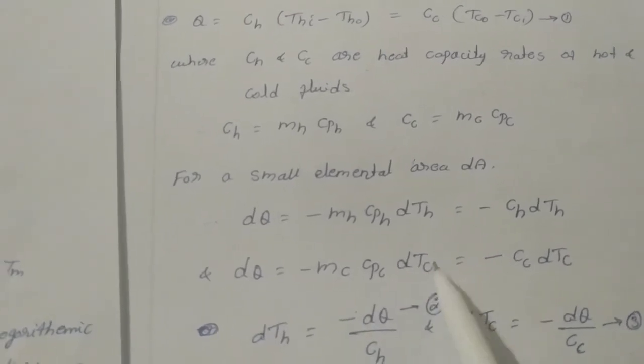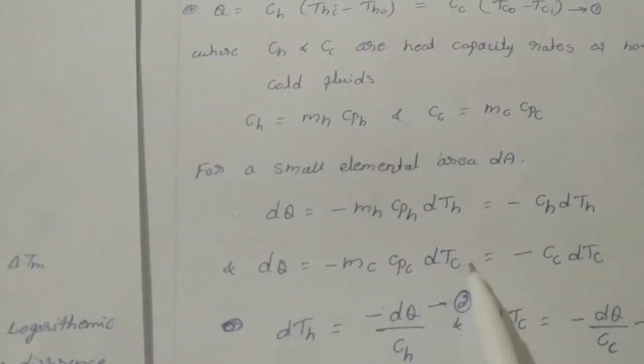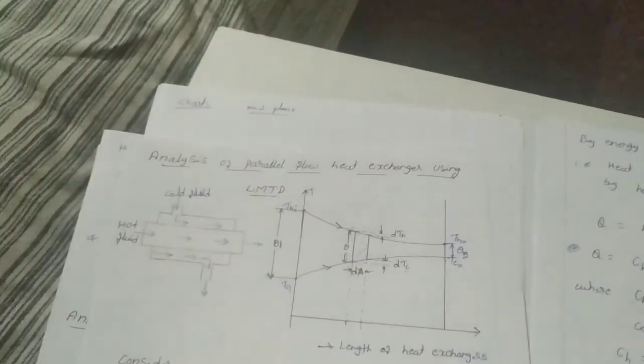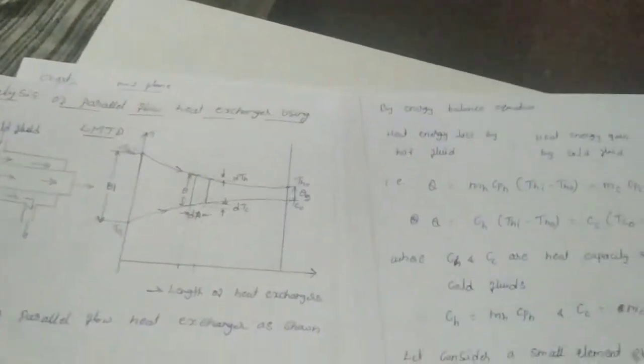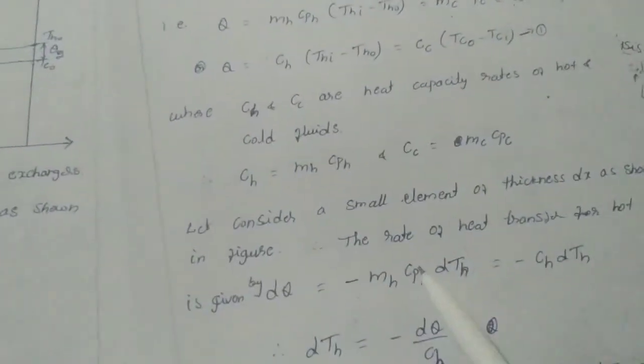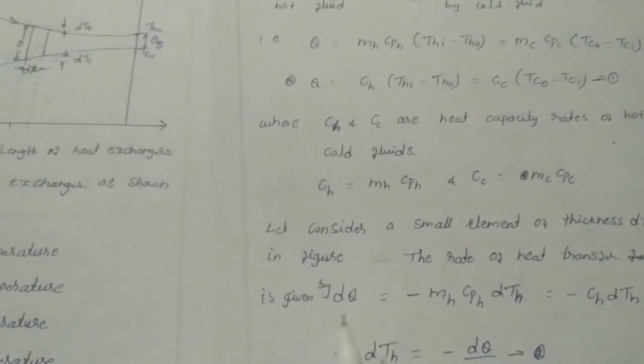You can ask a question: sir, why are you taking the negative sign for the cold fluid in the counter flow, when in a parallel flow it is positive?